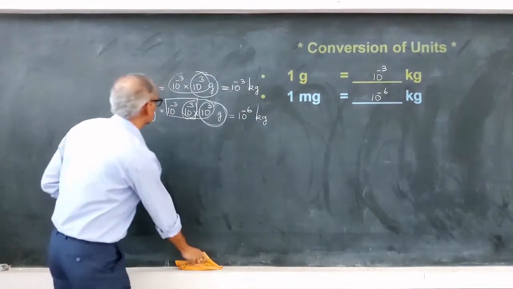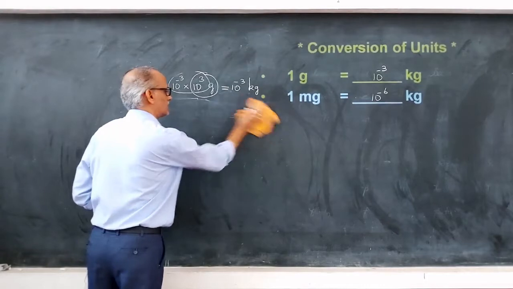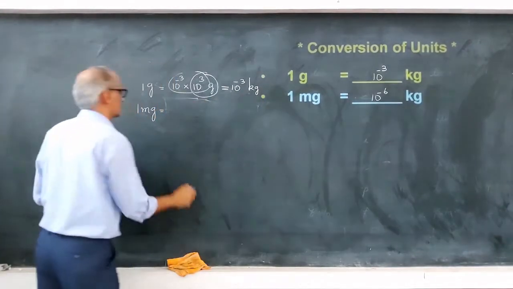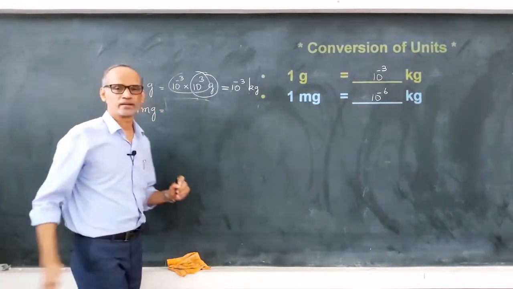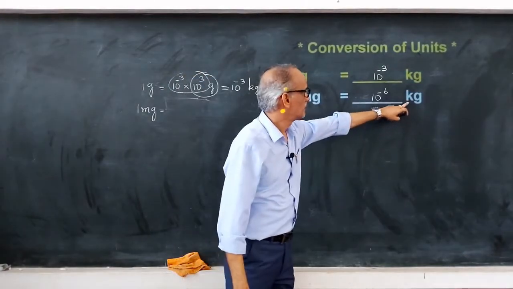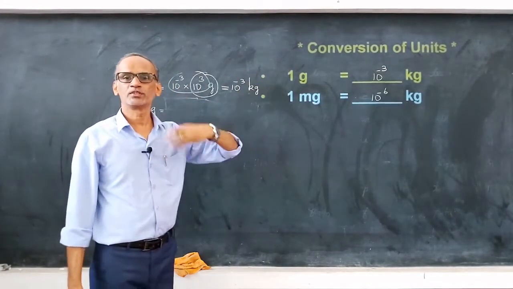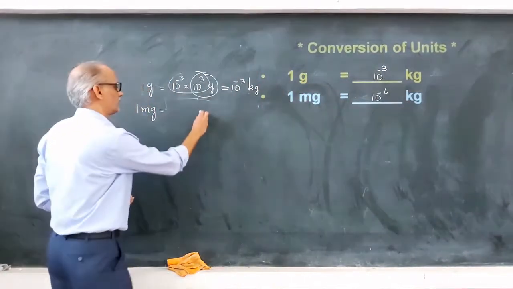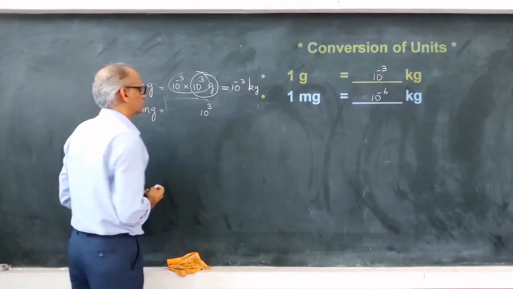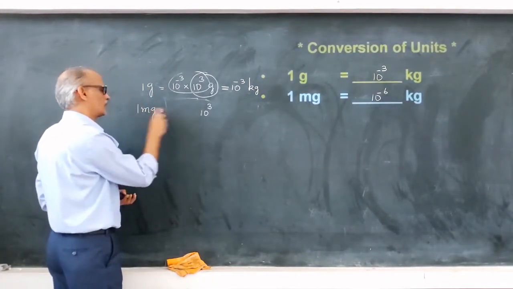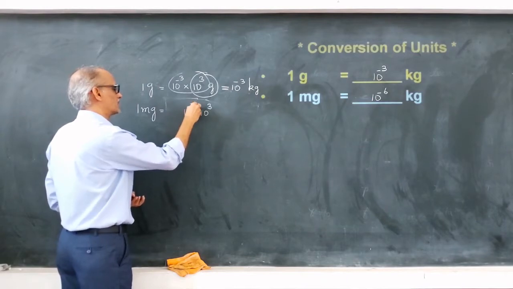Did you follow that? So let me explain it once again. First, the conversion that we wanted, that you have to focus on always. Which unit do you want to convert to? Kilo. So first write 10 to the power plus 3. Kilo. But to get 1, I have to multiply by 10 to the power minus 3 as well.